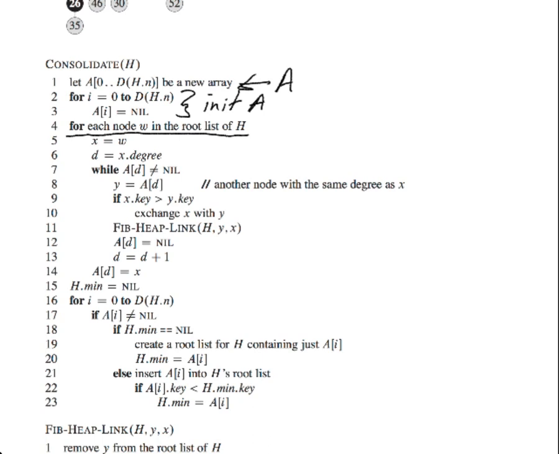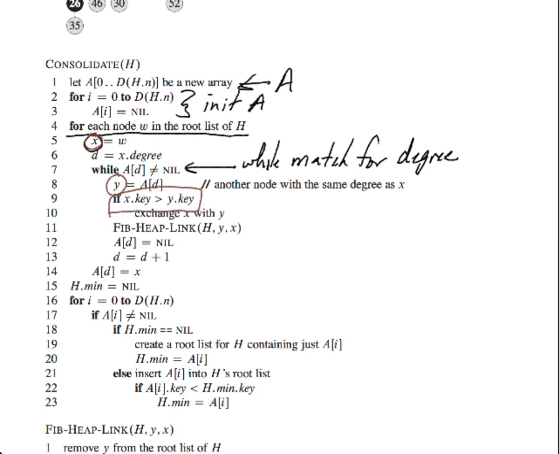And here, while we have a match, so while we have 2 nodes with the same degree, we're going to subsume one into the other. So one match is X and one match is Y. We're going to find the smaller key so we know which one to make a child of which.